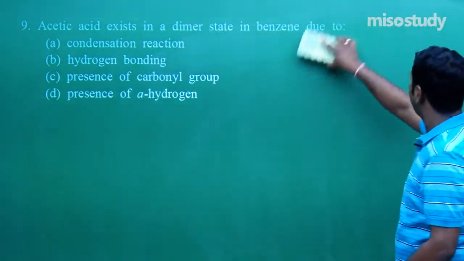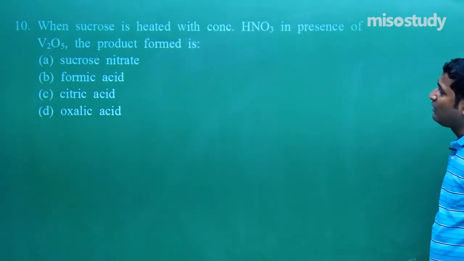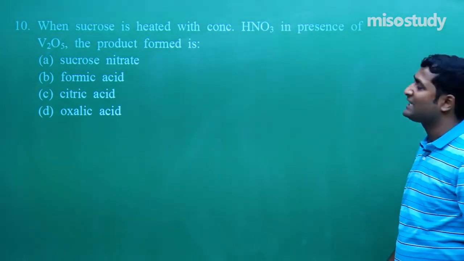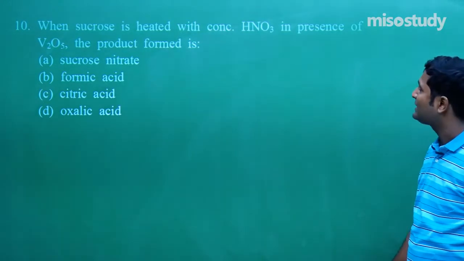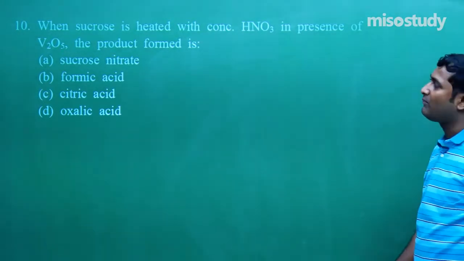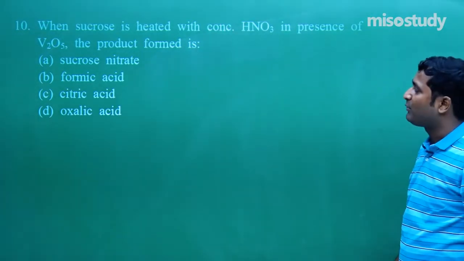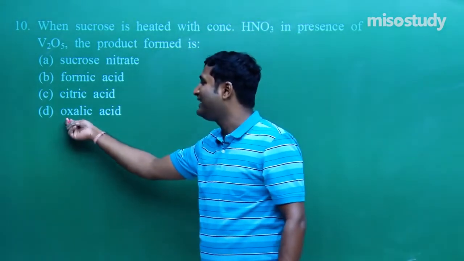Now the next one is question number 10. When sucrose is heated with concentrated HNO3 in presence of V2O5, the product formed is very simple. You have to memorize, that is oxalic acid.